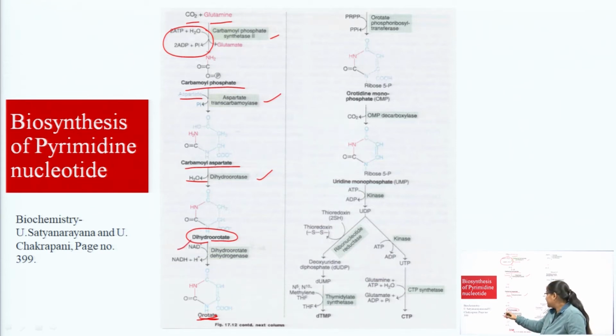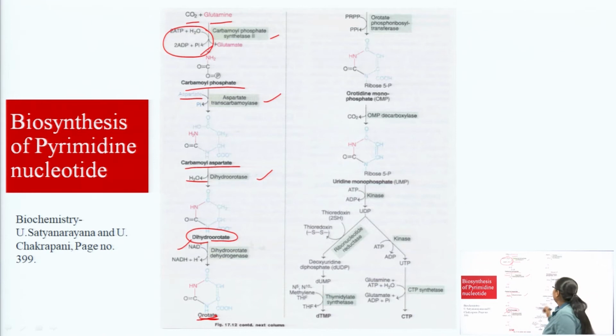As we can see, there is an incorporation of an energy molecule, NAD positive, which is then converted into NADH plus H positive. Till now we have seen there is an incorporation of ATP in the very first step, then an incorporation of an energy molecule here, NAD converted into NADH and H positive, and we have our orotate here.